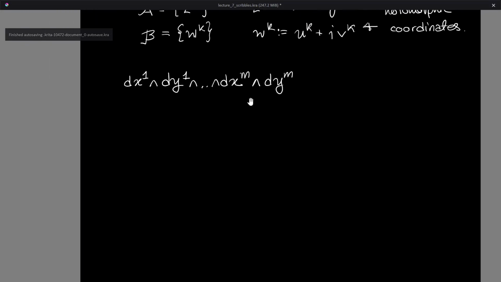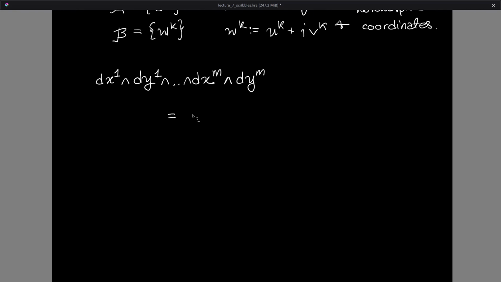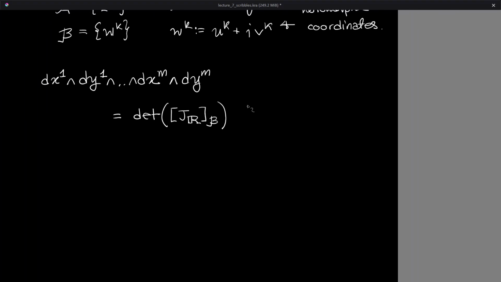So coming back to this equation, we know that this will be equal to the determinant of the real Jacobian, in the basis B, times du_1 wedge dv_1 wedge dot dot dot wedge du_m wedge dv_m.